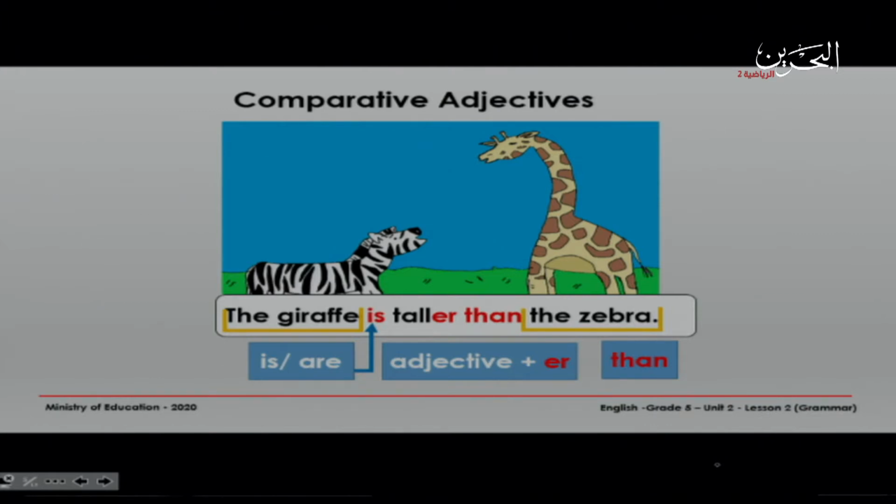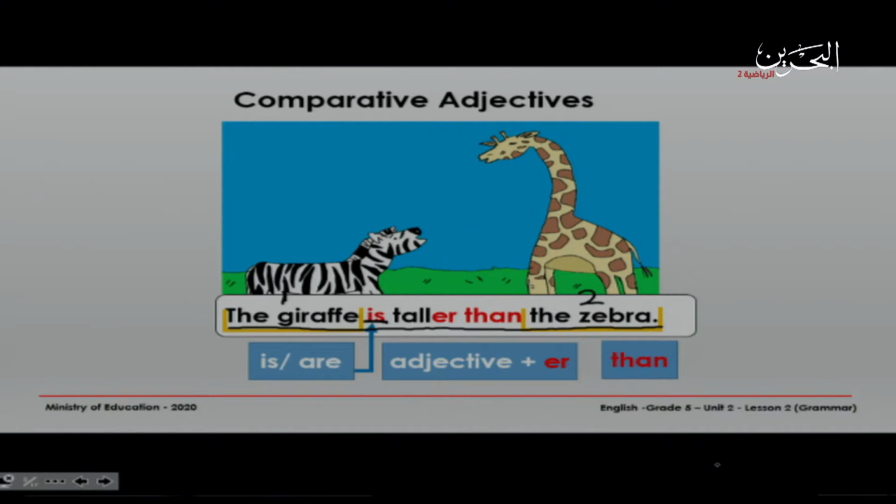Look at the sentence. The giraffe is taller than the zebra. So, group number 1 is the giraffe. Group number 2 is the zebra. We used is because we are talking about one giraffe only.